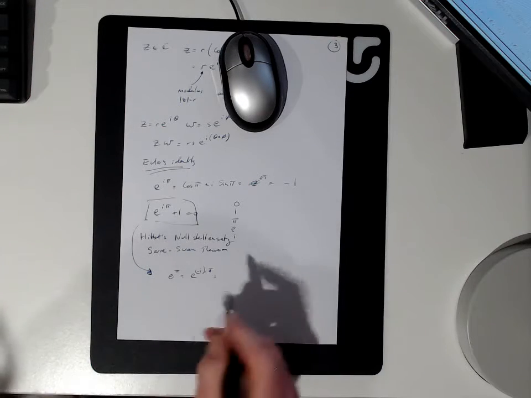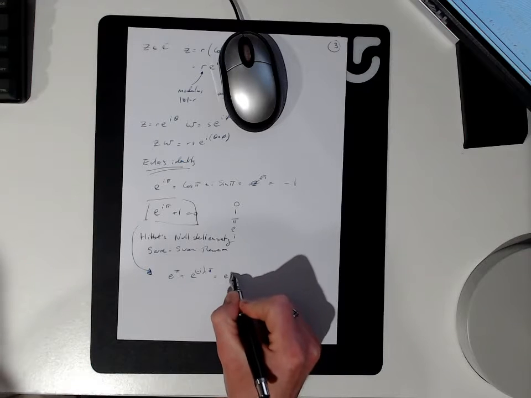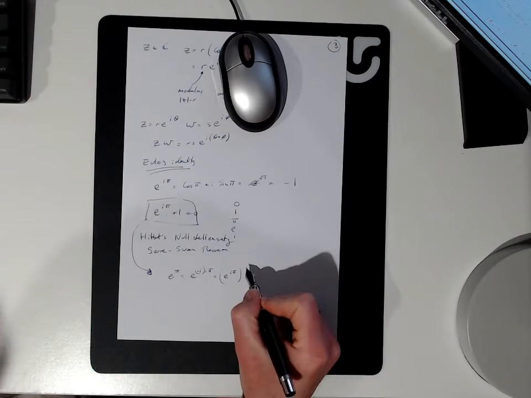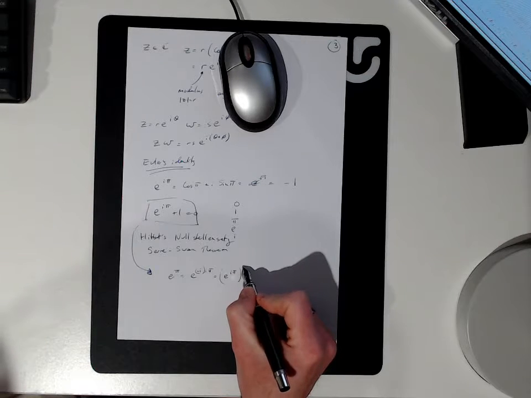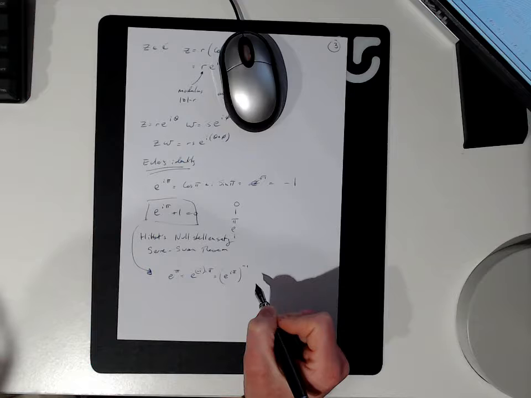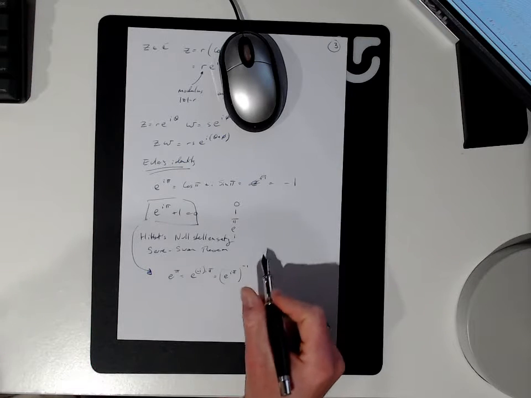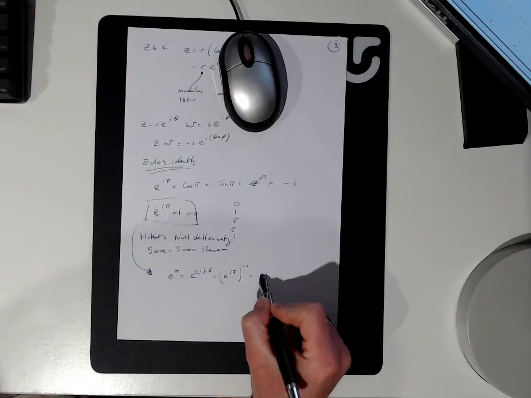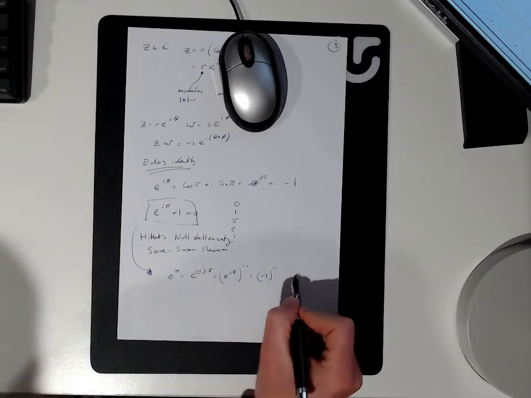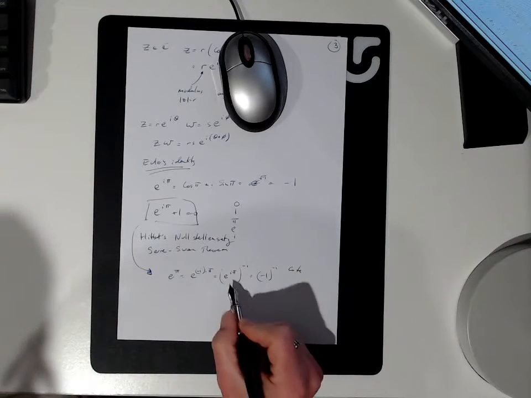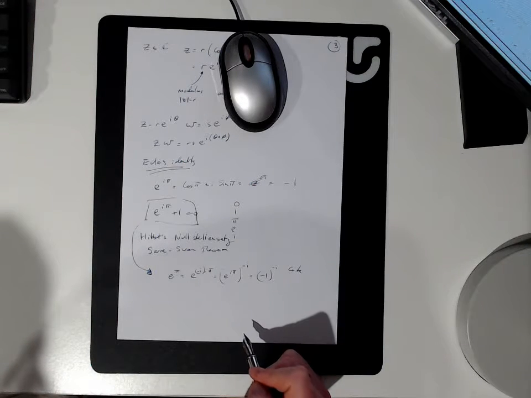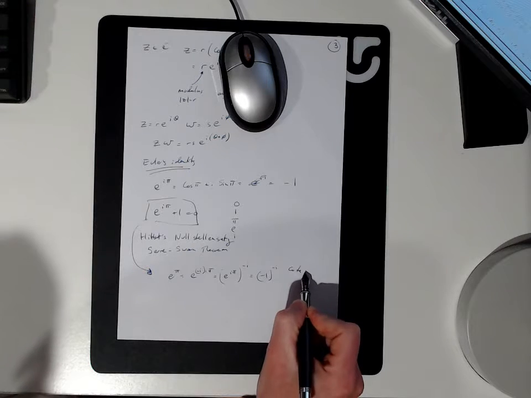And by the normal property of powers, this is e^(iπ) to the power of minus i, which is minus 1 to the power of minus i, which is cute. Have I done that correctly? Yeah, I have. Which is cute.